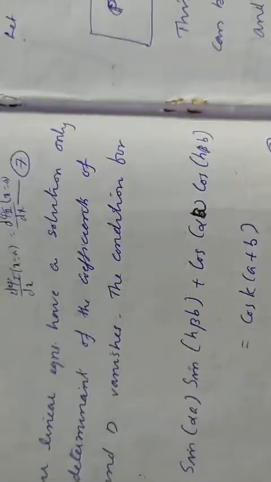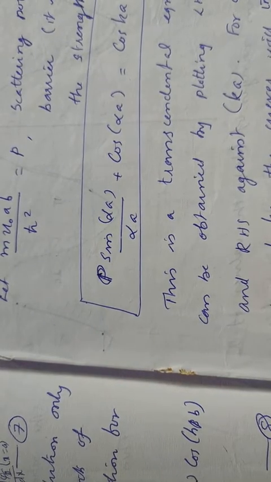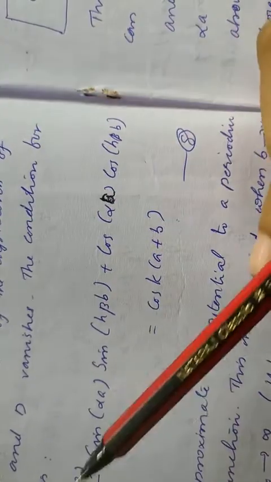Now substituting this value in equation number 8, we'll get beta square minus alpha square here as 2m by h cut square u0.